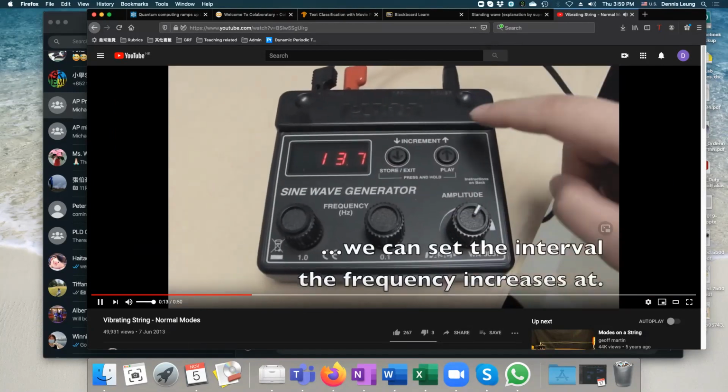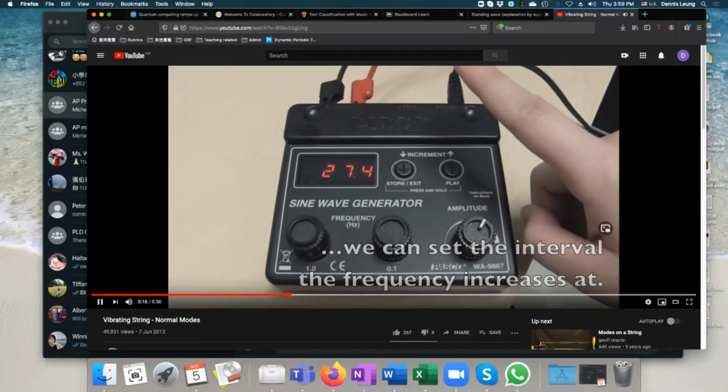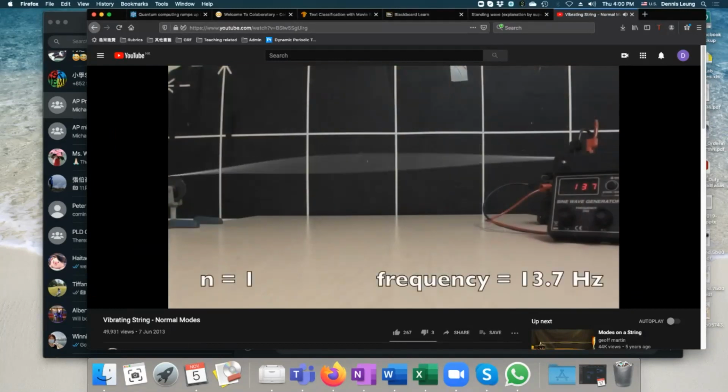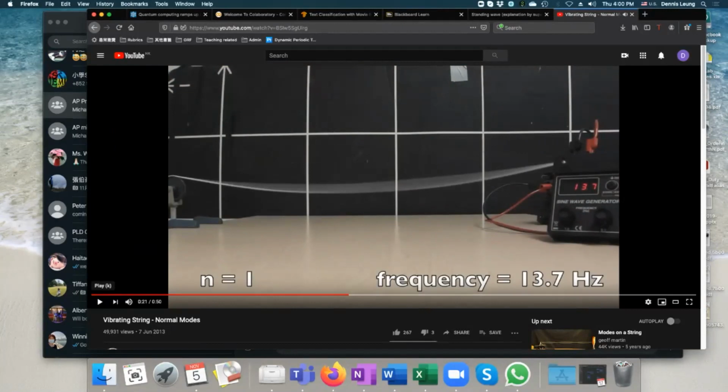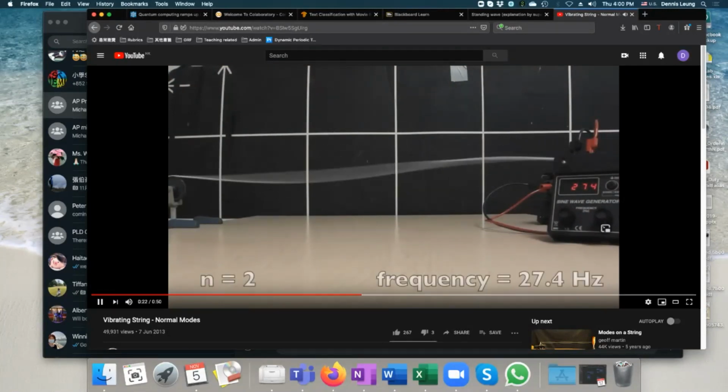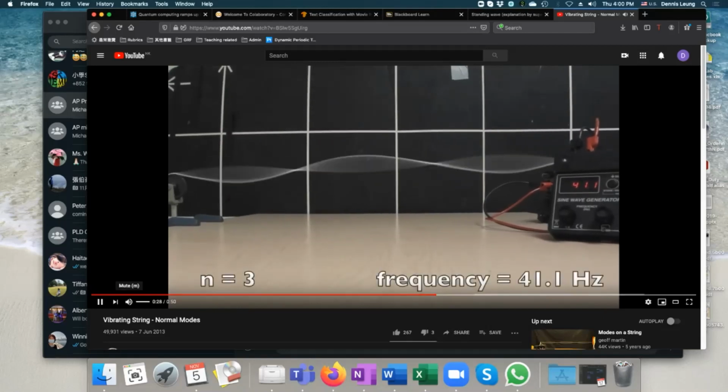As you will see, n equals 1, meaning that you have only one loop. And here you have 2 loops. And here, 1, 2, and 3 loops. n equals 3. They seem to occur at specific frequencies. What about other frequencies? You will start to wonder.